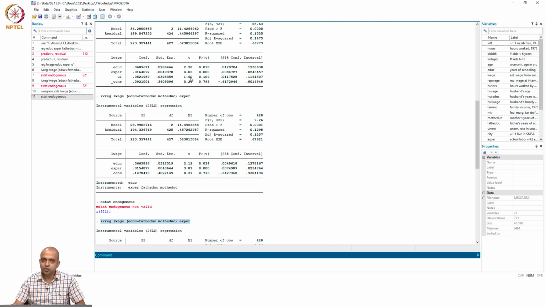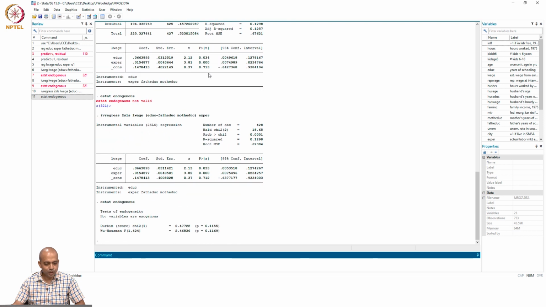So when we are doing it manually, we use the t statistic to test the individual significance of the predicted value of the error term. When we use the Durbin-Wu-Hausman test, we use the F statistic, where the value of F is the square of the previous t value.